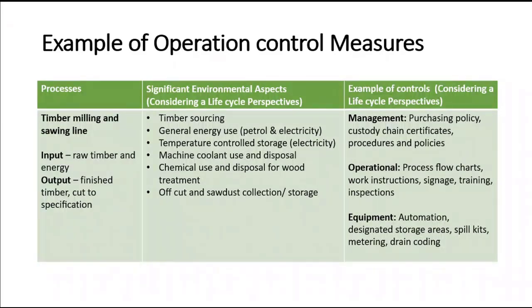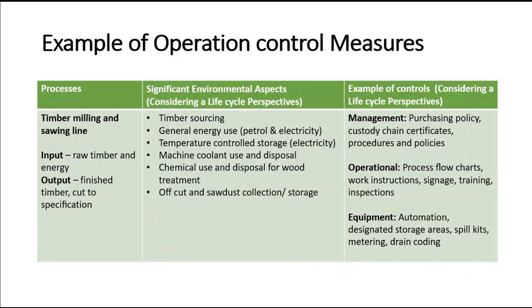This is the process that you can identify, in this example for the timber milling and sawing line in the timber industry. First you know the input, which is the raw timber, and to do this process you require energy. And the output is the finished timber, which is already well cut.